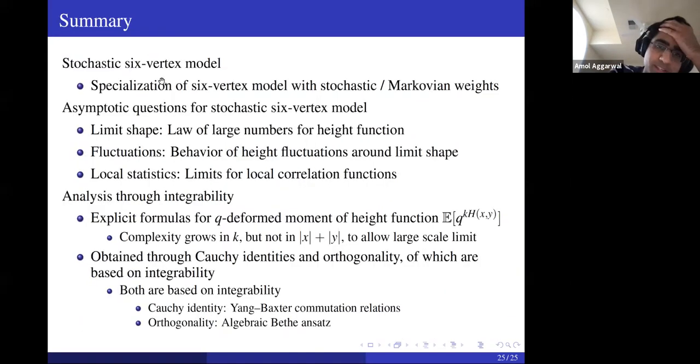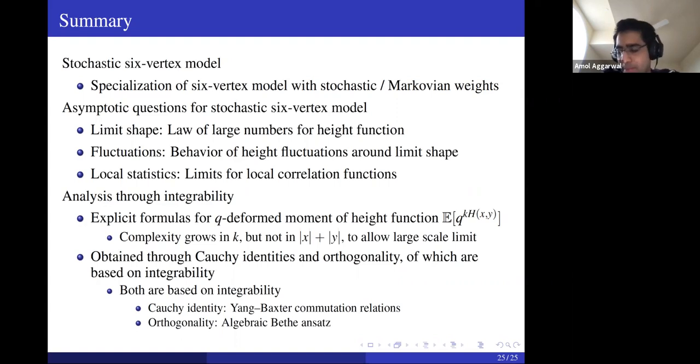Just to summarize here, sorry if that was a little brief. I was trying to look at the stochastic six vertex model. It's a specialization of the six vertex model with stochastic or Markovian weights. I wanted to describe what sorts of questions are of interest to us as probabilists: limit shape questions, fluctuation questions, local statistics.